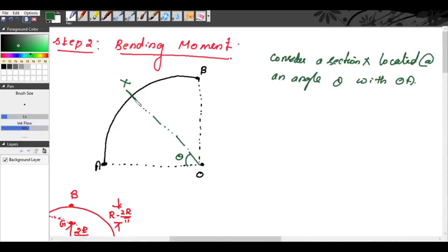Now, because this section is subjected to a UDL load, in this portion from A to X you consider a small stripe.